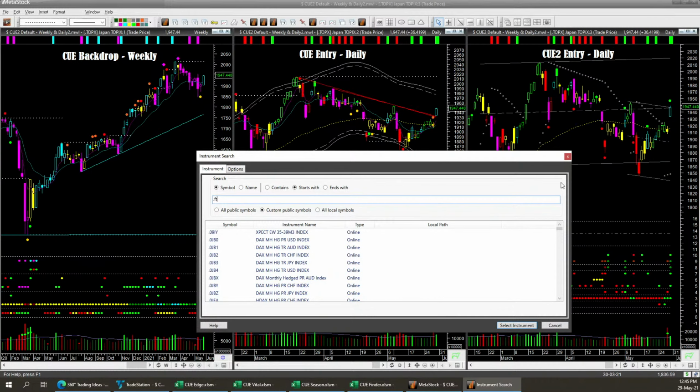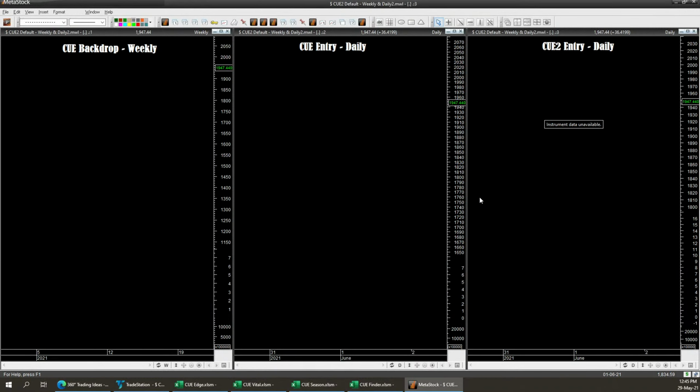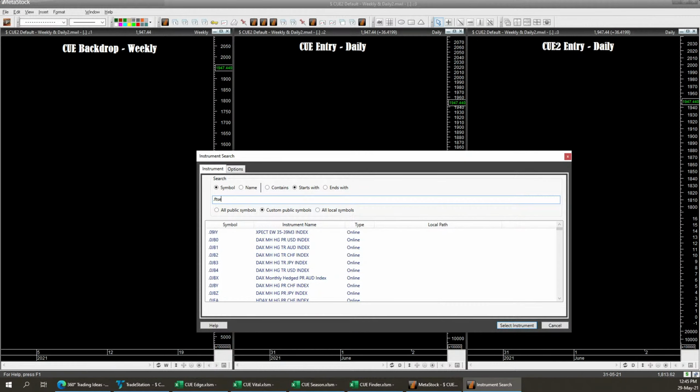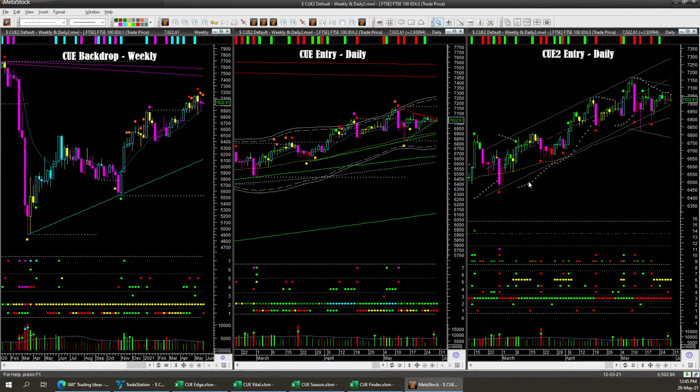FTSE index. UK market, it's inside a range. That was true in Wednesday's webinar also. And if you look carefully, last 3 days have unusually narrow range, unusually narrow.